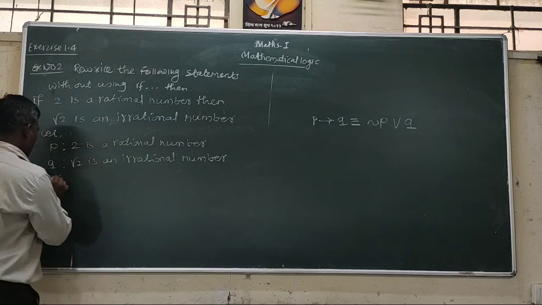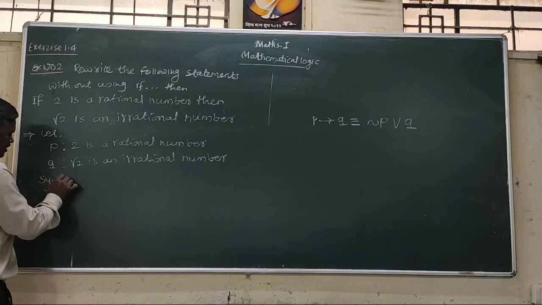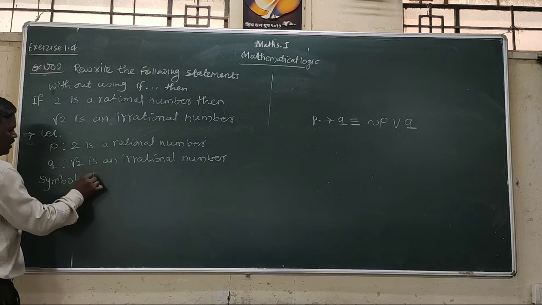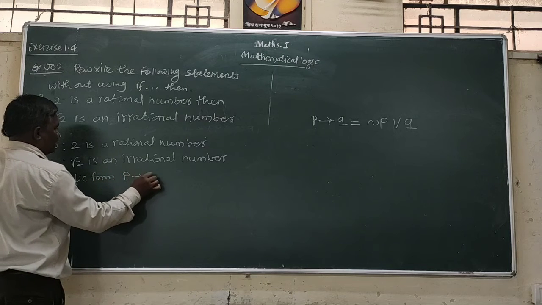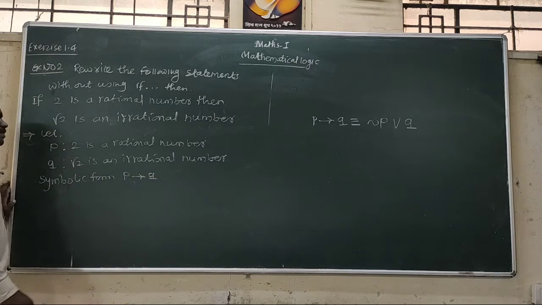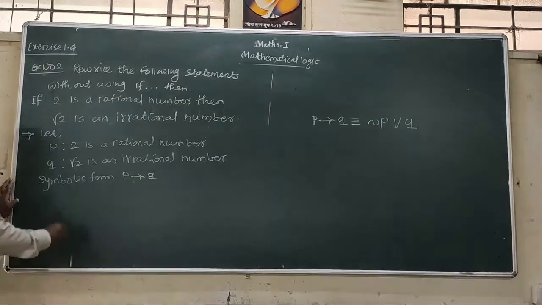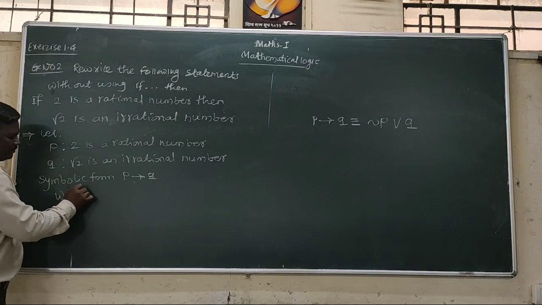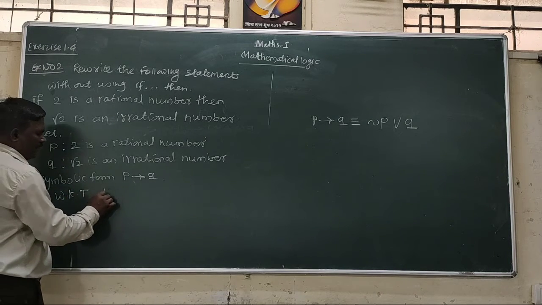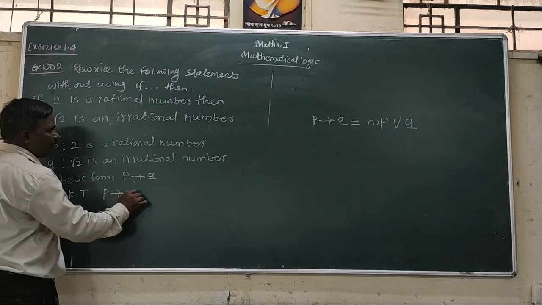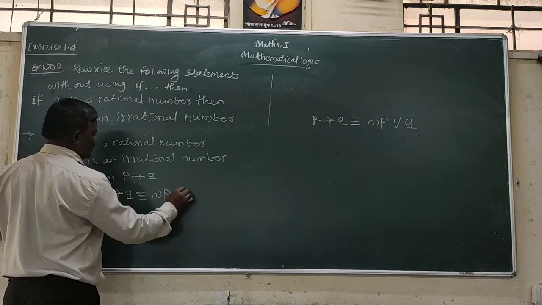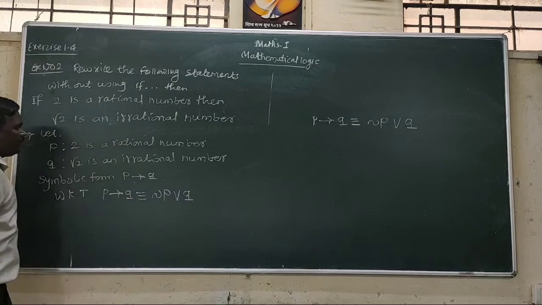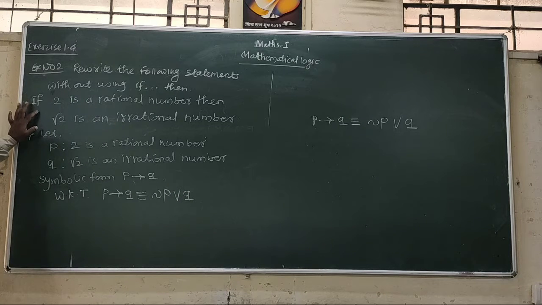Therefore, the symbolic form is P implies Q. Okay. Therefore, we know that P implies Q is equivalent to negation of P disjunction Q. Therefore, rewrite this sentence without using the if then.